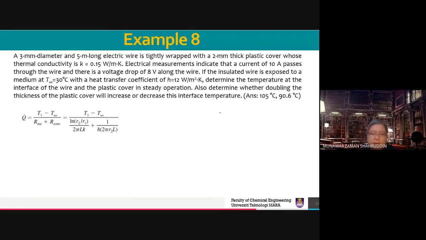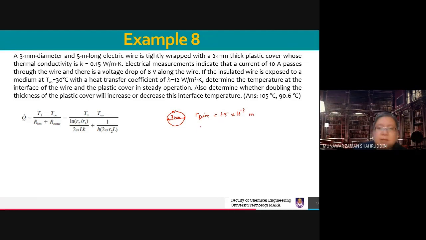So if you redraw the system, you have this wire, it has no internal diameter or external diameter given. So it will only have the diameter of 3 mm, or the radius of the wire is 1.5 times 10 to the power of negative 3 meter.